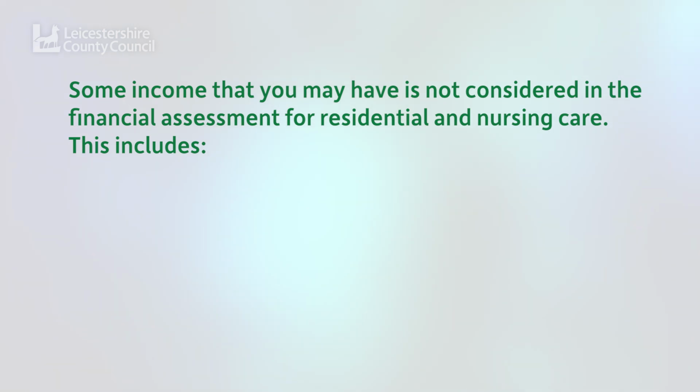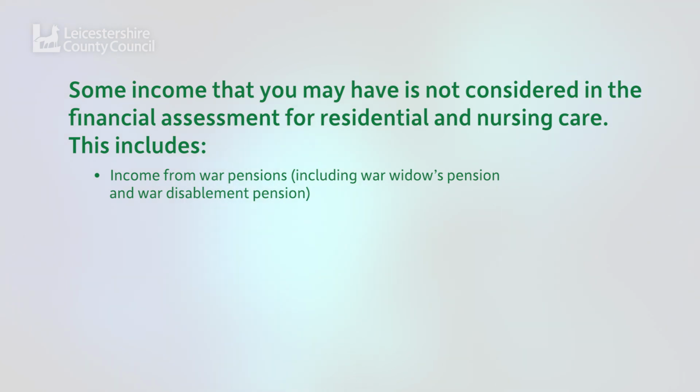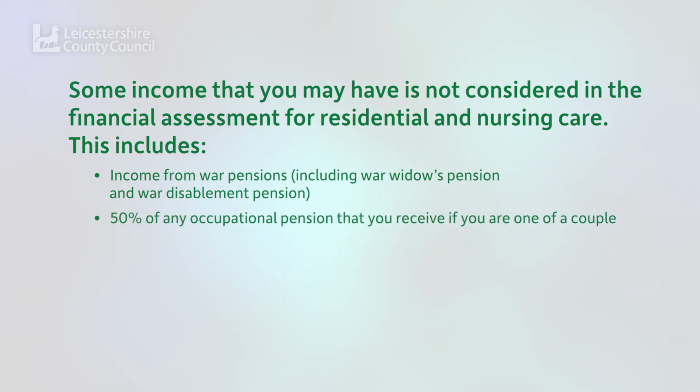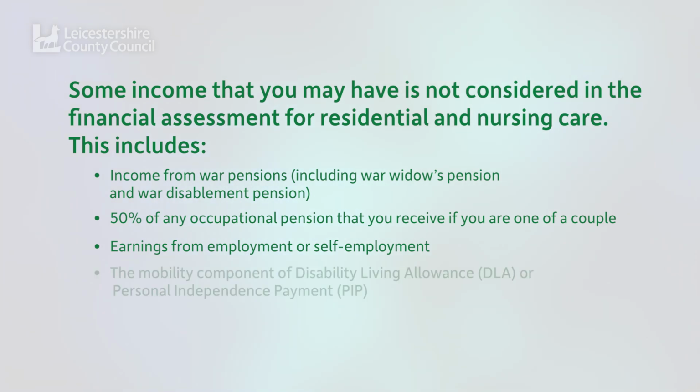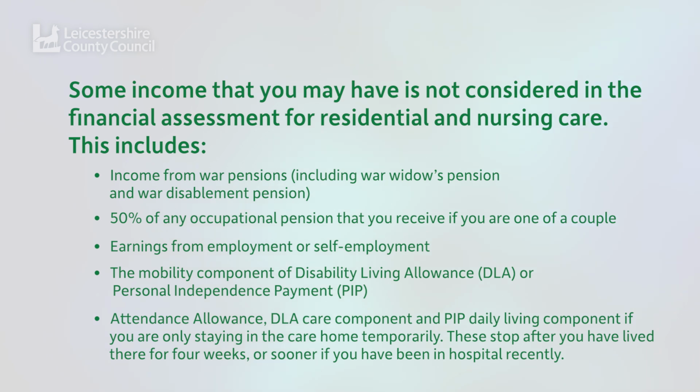This includes income from war pensions, including War Widows Pension and War Disablement Pension, 50% of any occupational pension that you receive if you are one of a couple, earnings from employment or self-employment, the mobility component of Disability Living Allowance, DLA, or Personal Independence Payment, PIP, attendance allowance, DLA care component, and PIP daily living component if you are only staying in the care home temporarily.